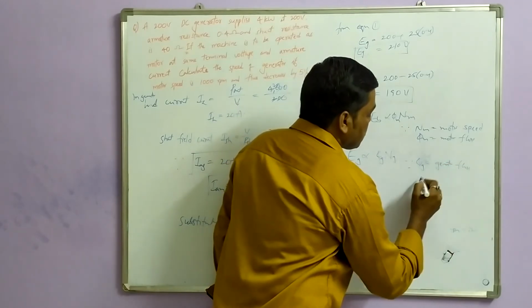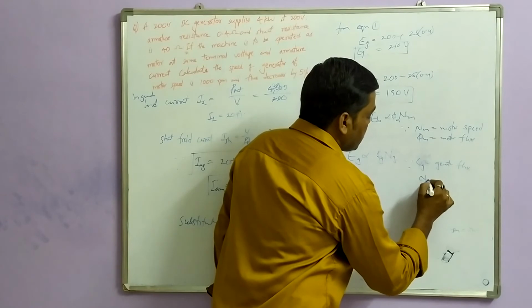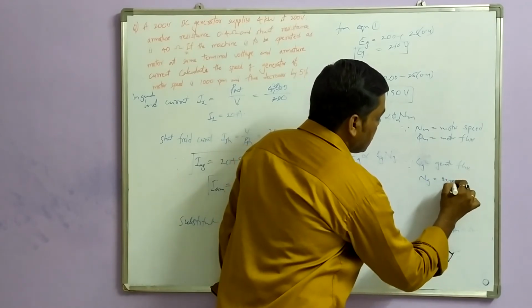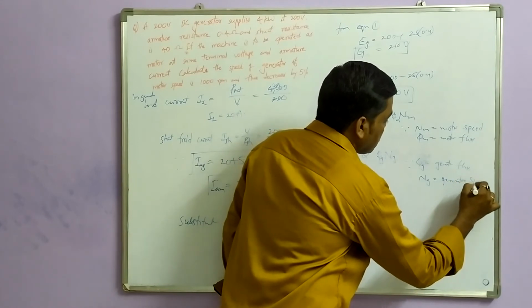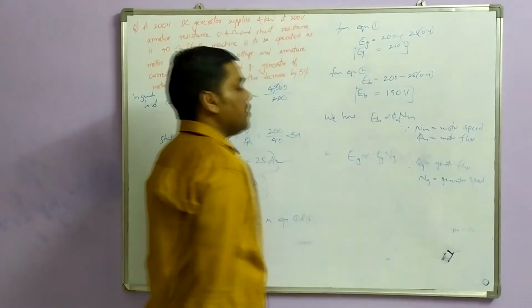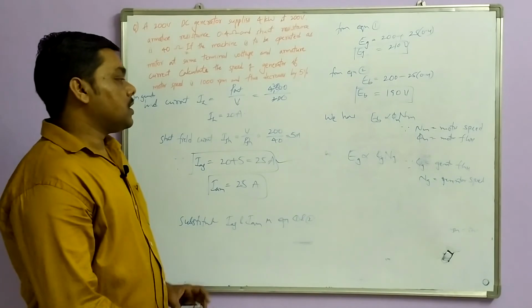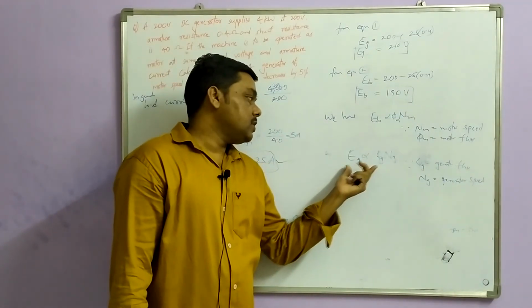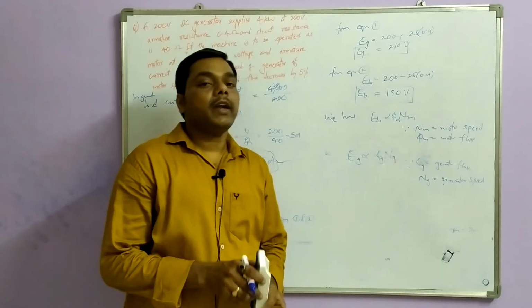and Ng is equal to generator speed. Now you see the relations. Eb is proportional to phi m Nm and Eg is proportional to phi g and Ng.